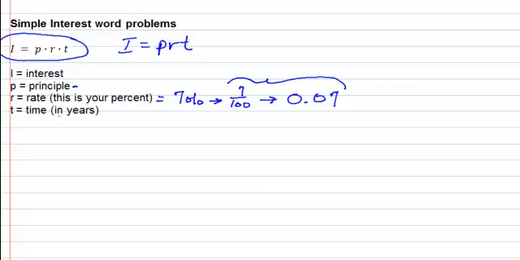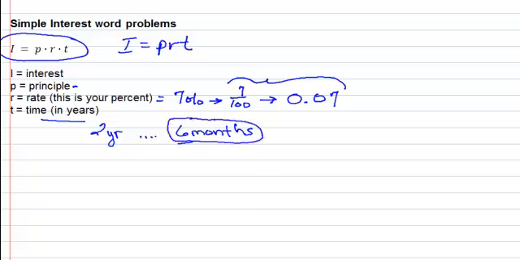And then time for us is always going to be in years. So you would write down the time, and let's say it's 2 years. That's easy enough. But you've got to be careful if it's in, say, 6 months. You can't write 6 because 6 is months, it's not years. So you have to translate 6 months to years, and of course that would be half a year.